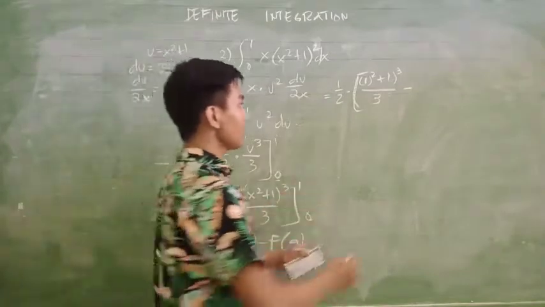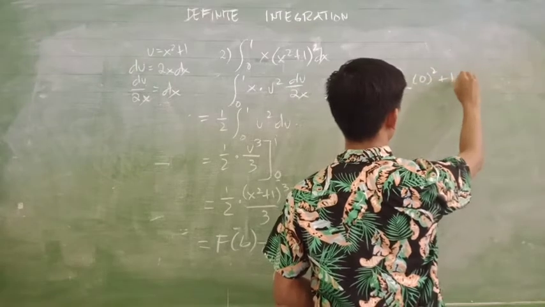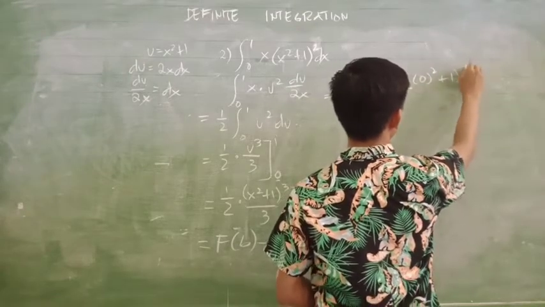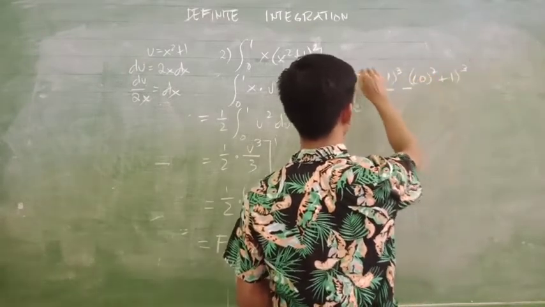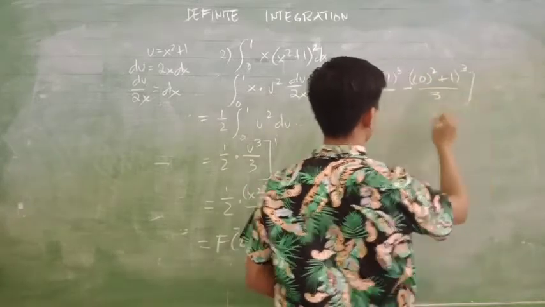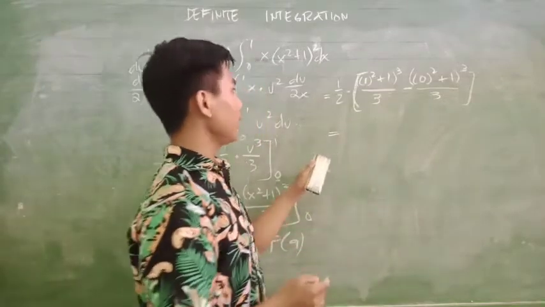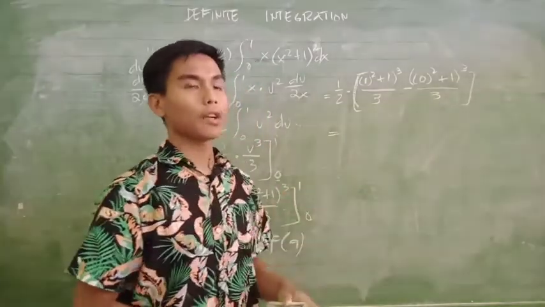So substitute 0 to be 0 squared plus 1 raised to 3 over 3. So this would be the substituted lower and upper limit.